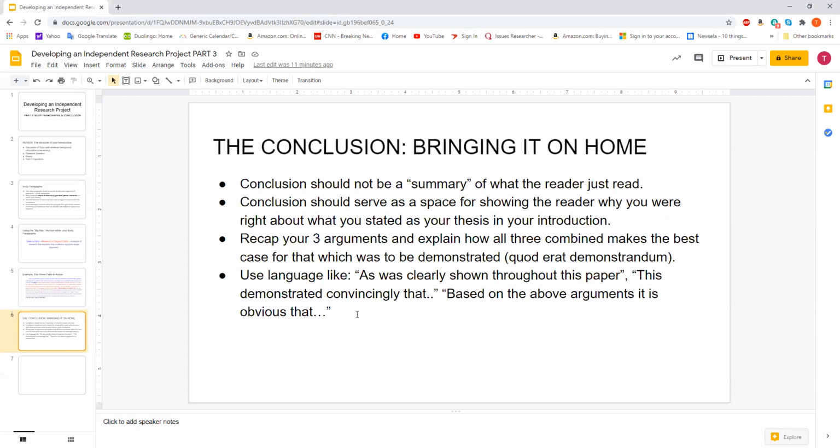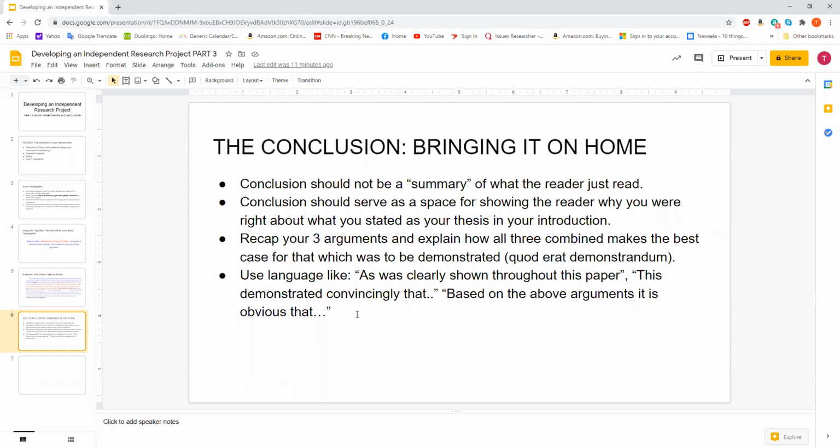So you're coming full circle in this paper, in the conclusion. As you are writing your conclusion, remember that this is a demonstration of persuasive writing. So you want to use language like, as was clearly shown throughout this paper, or this evidence demonstrated convincingly that, or based on the above arguments, it is obvious that.